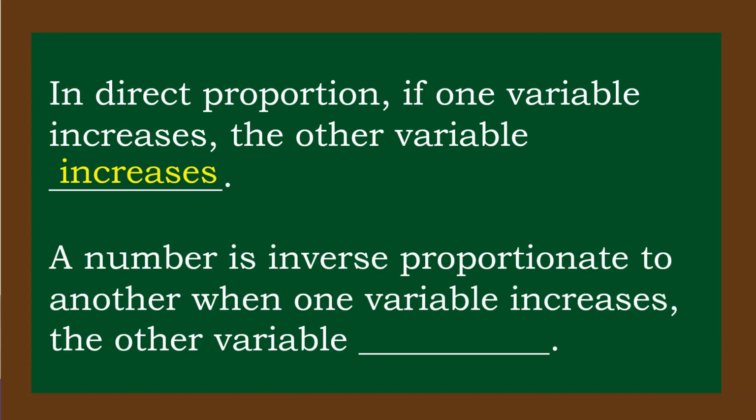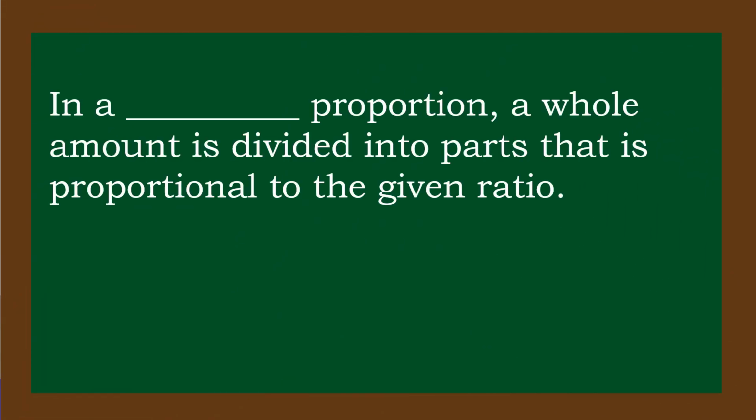A number is inversely proportional to another when one variable increases, the other variable blank. In a blank proportion, a whole amount is divided into parts that is proportional to the given ratio.